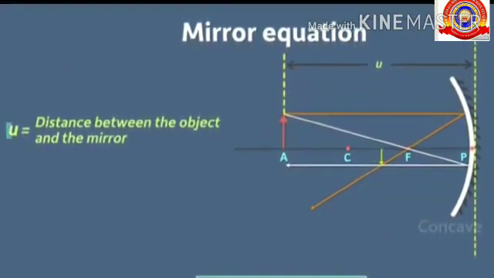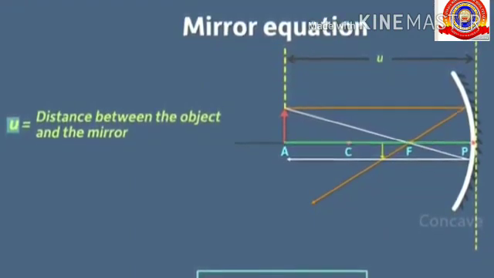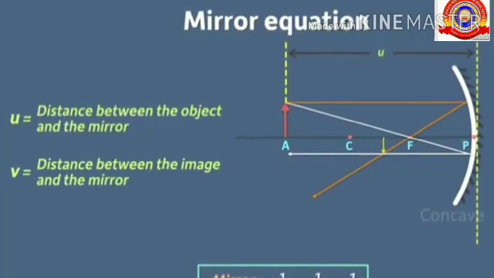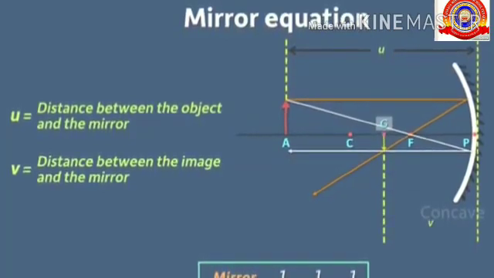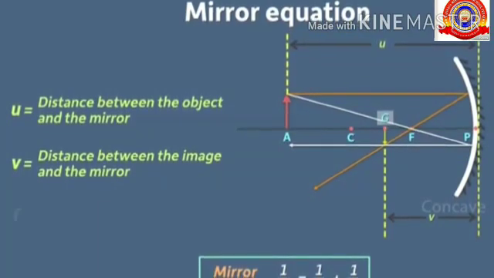Remember, the distance between two parallel lines always remains the same. Then V is the distance between the image and the mirror. Let's name this point G. So V is the distance between the image and the mirror.